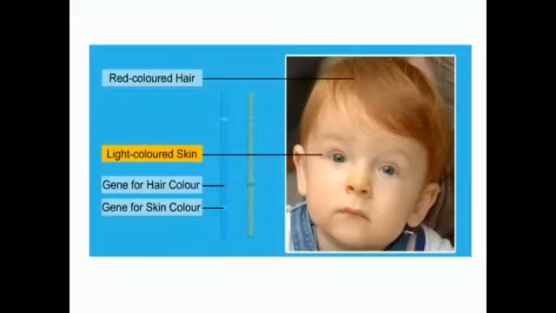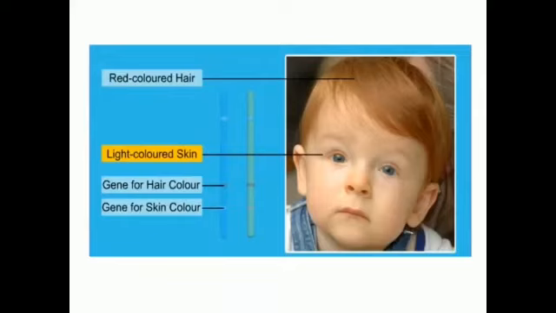Now try to observe this picture and tell what this picture is trying to tell us. Well, you can see this child has red colored hair and light colored skin, isn't it? That is, the gene for hair color and the gene for skin color are placed very close to each other.